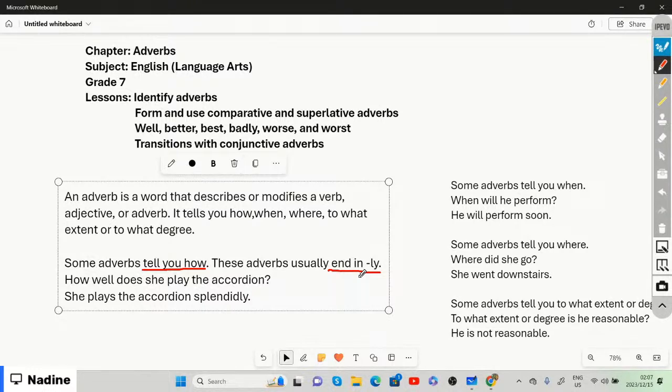She plays the accordion splendidly. As you can see, splendidly ends in ly.